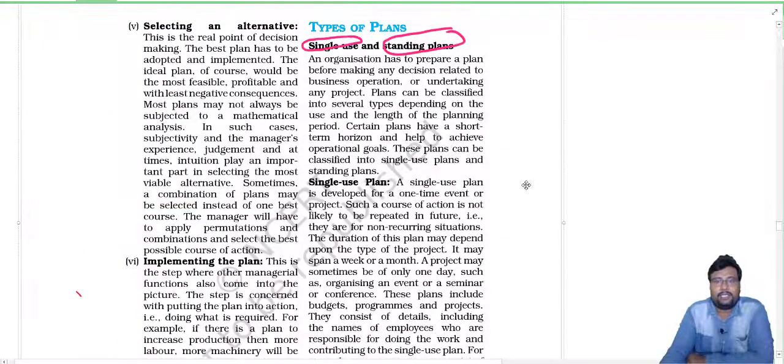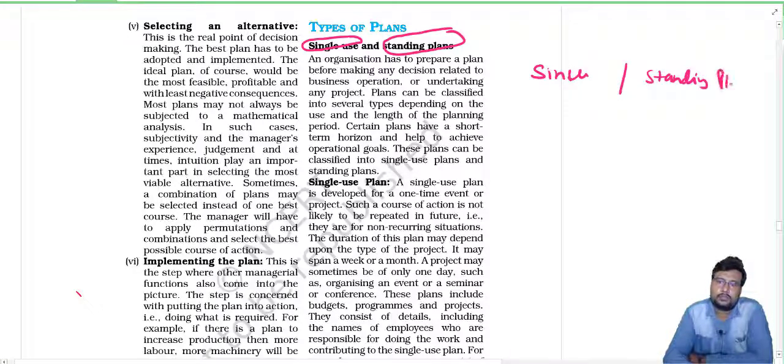So beta, what is the difference between the single use plan and the standing plan? One is for a short time period, and the other is for a long time period.